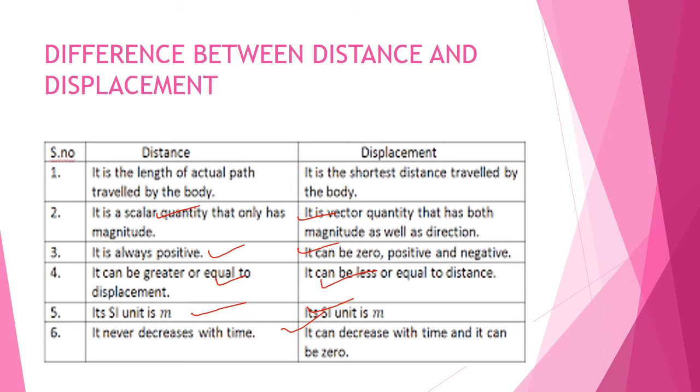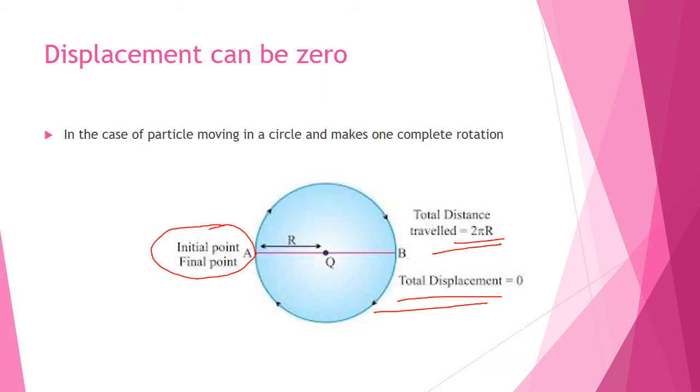And what is the SI unit? The system of units is used to describe this. You know that in both distance and displacement we measure length, so in both cases the SI unit is meter. Distance will not decrease with time, but displacement can decrease with time and it can be 0 also. Okay, this is very important, please note it down.